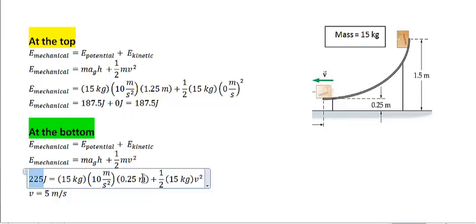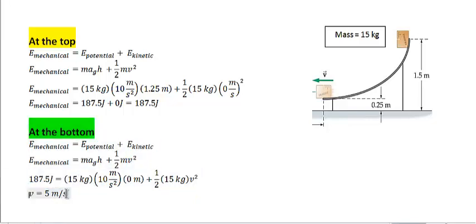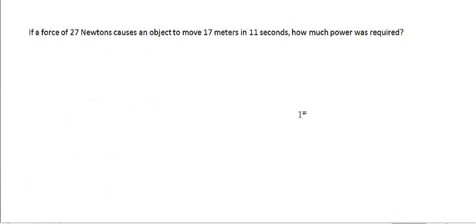So we have to change here to 187.5. But over here, the height now is 0. I put 0 in here, this first term goes away, and when I solve 187.5 is equal to 1/2 15 times v squared, I still get 5 meters per second, because it does not matter where we define 0 on our potential energy. Let's do one more on this.